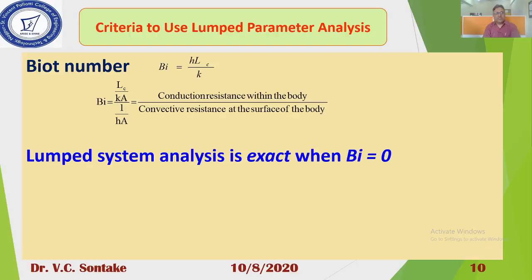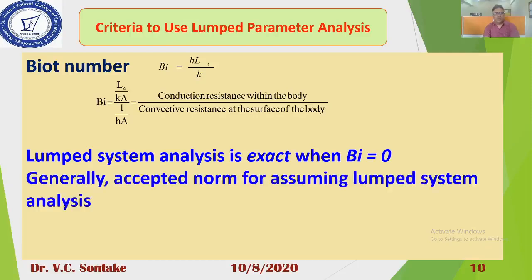So what does it mean? Lumped system analysis will be exact when Biot number is 0, that is, when conductance resistance of the body is almost 0. But this is not possible in many cases. Biot number equal to 0 is the ideal condition.